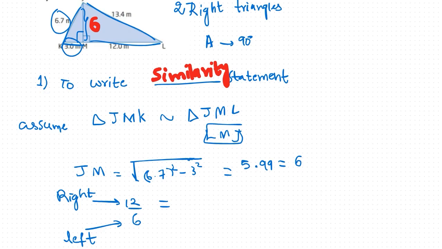So zoom out. This was equal to actually 6 upon 3, 6 from right and 3 from left.